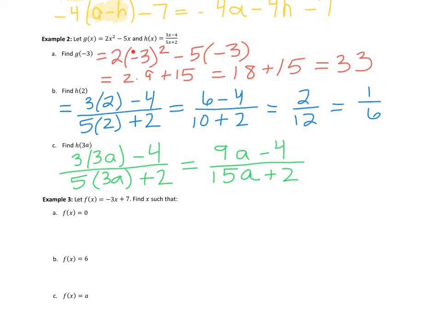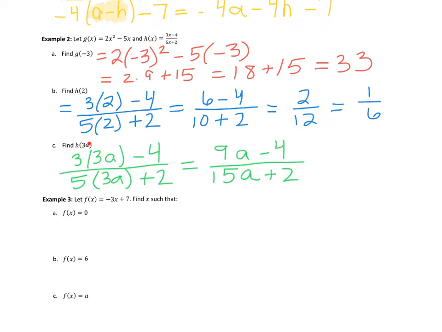So we're squaring all of -3. So -3 times -3 is 9, right? That's the base. So make sure you don't write -9. And then negative times a negative is a positive 15. All right, and then h of 2, we plug 2 into our h function and simplify. Remember to reduce your fraction.